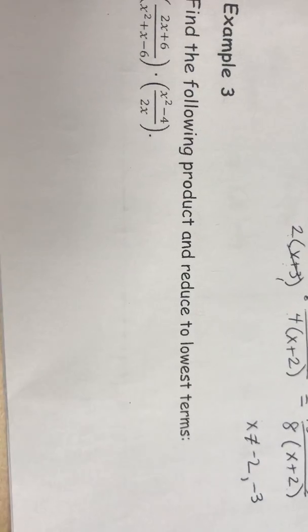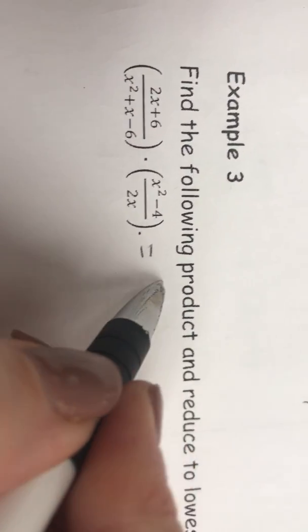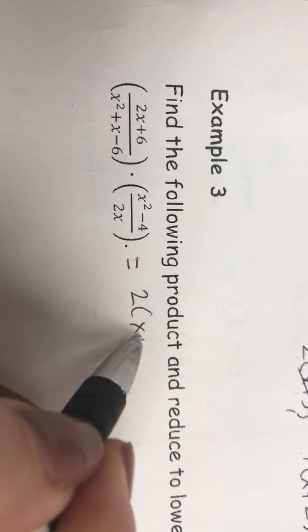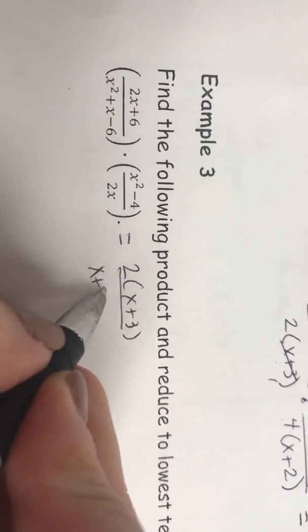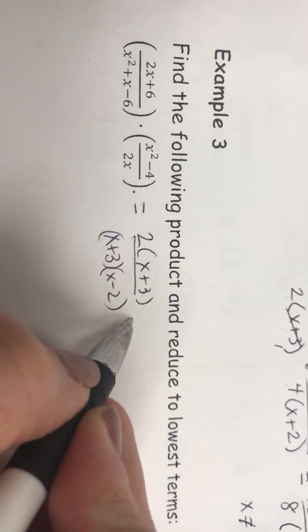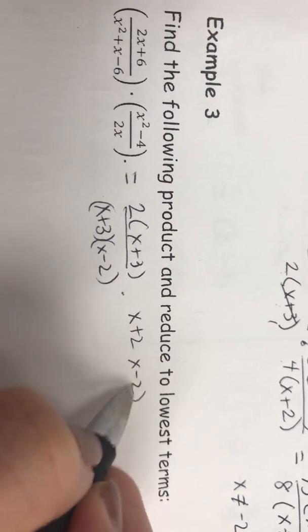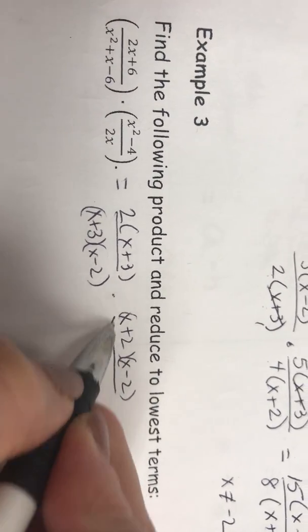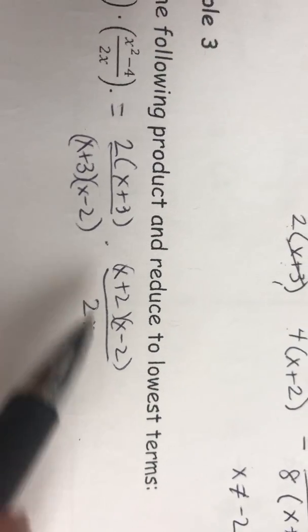Find the following product and reduce to lowest terms. So first and foremost, factor. So 2 times x plus 3 over x plus 3, x minus 2, times x plus 2, x minus 2 over 2x. Okay, start looking for common factors.